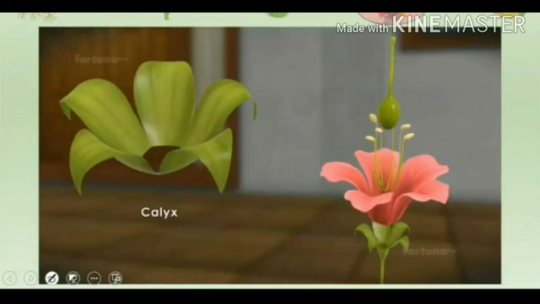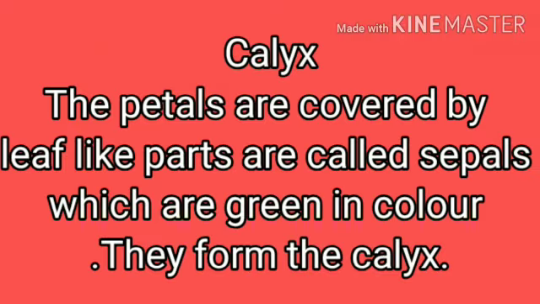As you see in the figure, we will discuss calyx. Calyx is the outermost whorl of the flower, green in color and protective in nature. The petals in bud condition are covered over by calyx.